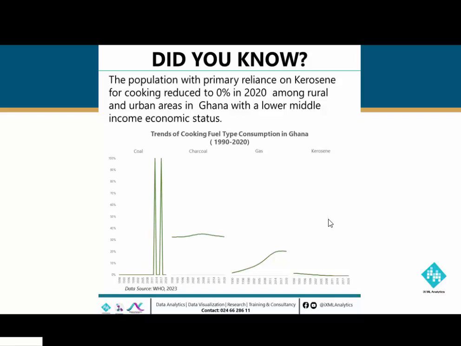The people that when you go to their house, the main source of cooking fuel, I found out that, let me read the finding so that you get it. The population with primary reliance on kerosene for cooking reduced to 0% in 2020 among rural and urban areas in Ghana with a lower middle income economic status.